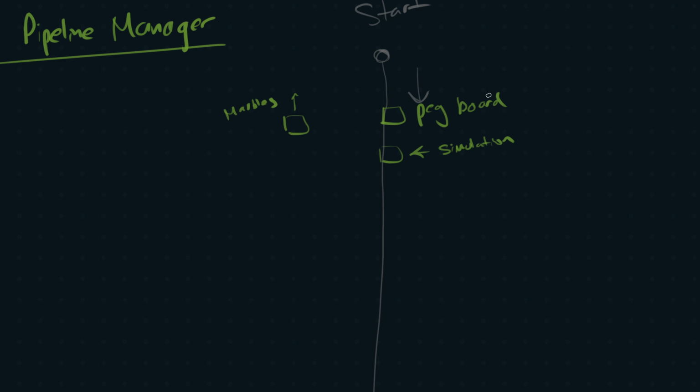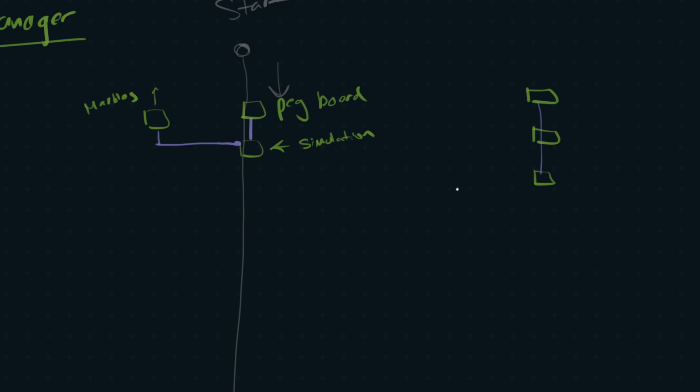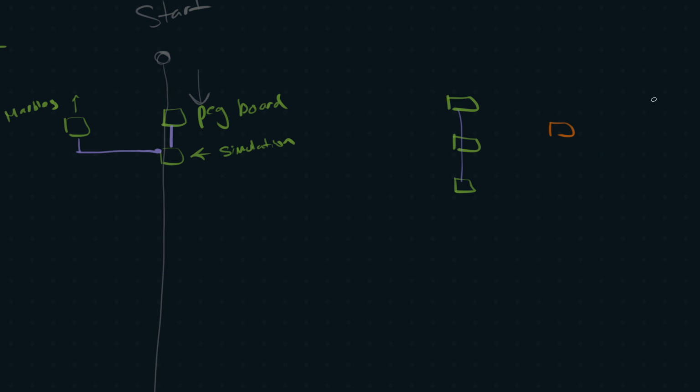That would need both the pegboard and the marbles themselves. We could also create the marbles, create the pegboard, and then simulate and have these all lined up here. Or it could be create marbles, create pegboard, and then somehow that information is merged, and at the bottom here we simulate.